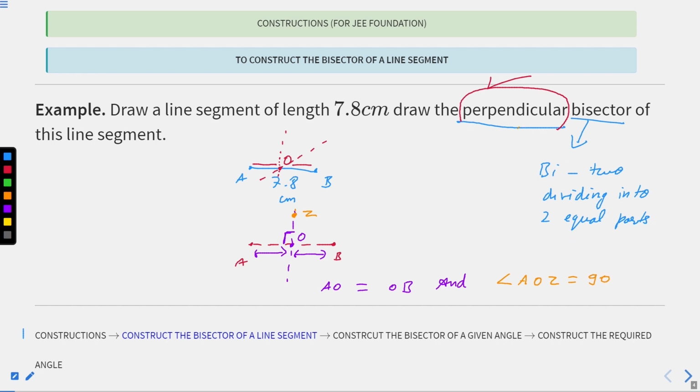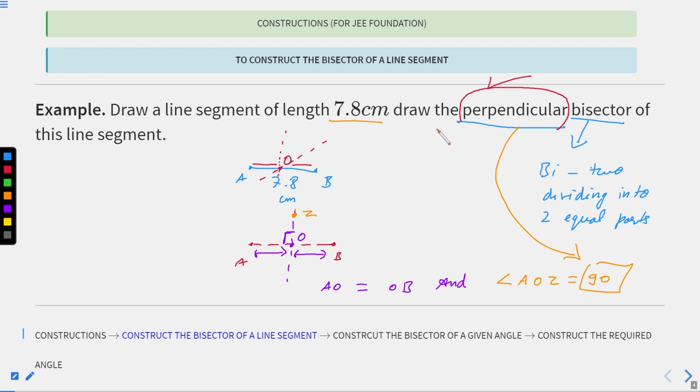Perpendicular means a 90-degree angle. I hope it is clear what we are trying to do: draw a line segment of finite length 7.8 centimeter and draw a perpendicular bisector for that line segment.